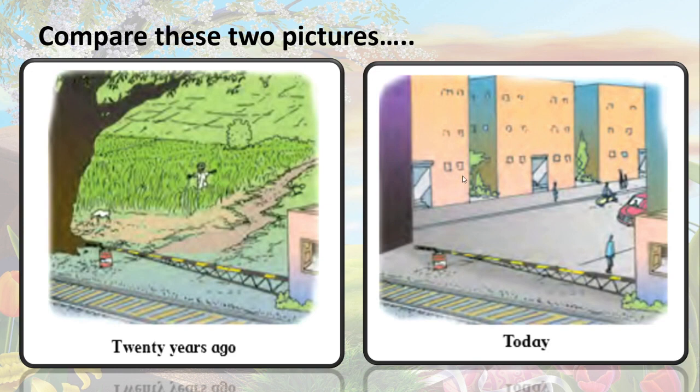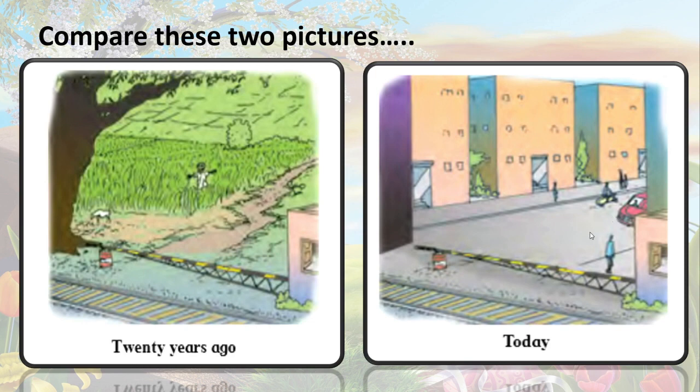Okay, we will move to this picture, that is today's picture. The place is the same, right? But there are no trees, there is no greenery. These farms we cannot see in this picture, but we can see so many tall buildings full of houses. We can see here the pakka road, isn't it?